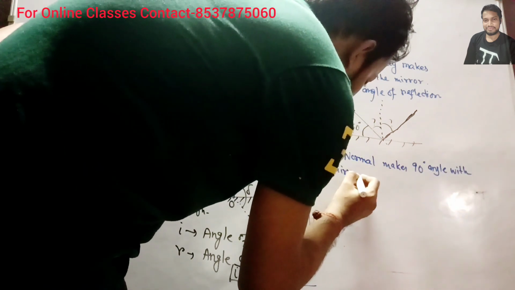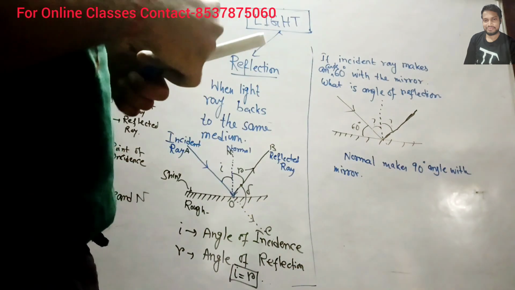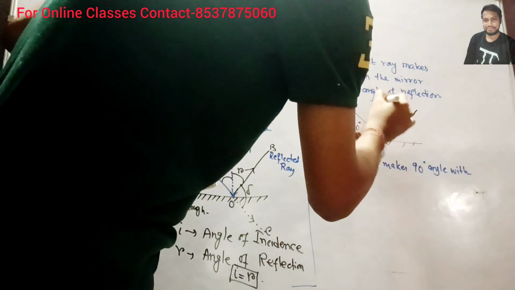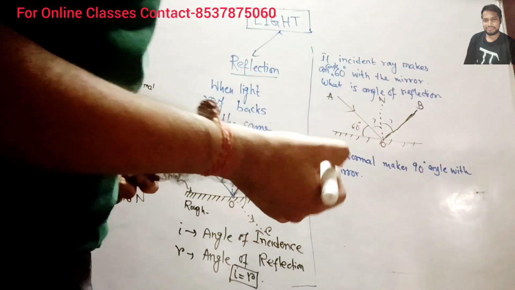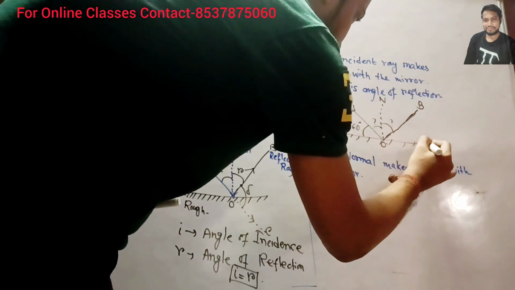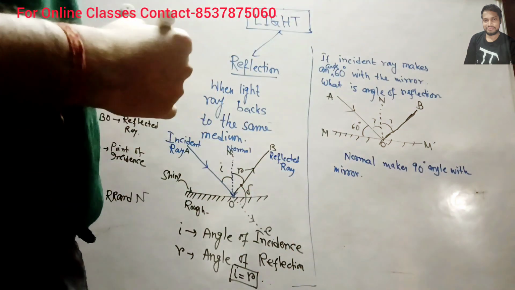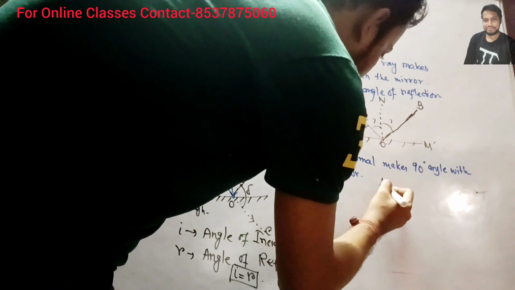Clear? Next, we can name the points N, O, A, B, and M dash for the mirror. AOM is given, so we have to find AON.